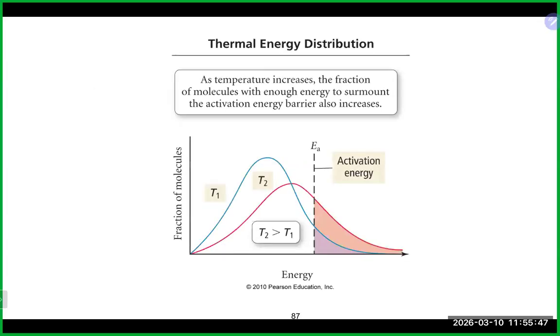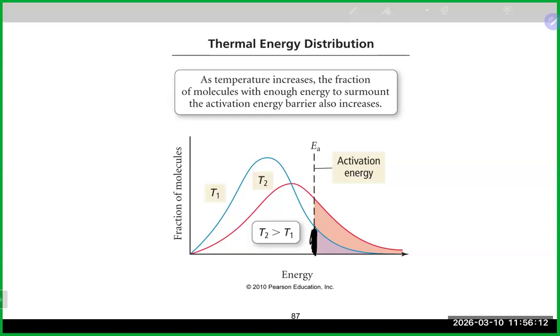And this also shows the difference between temperatures. So here at the lower temperature, which is the blue temperature, we see basically this for our fraction of molecules that have enough energy to get to the other side.